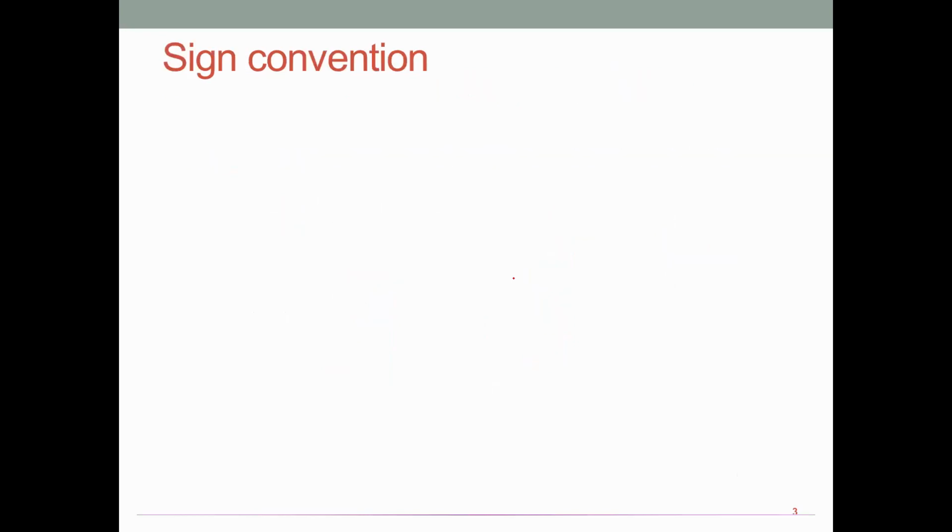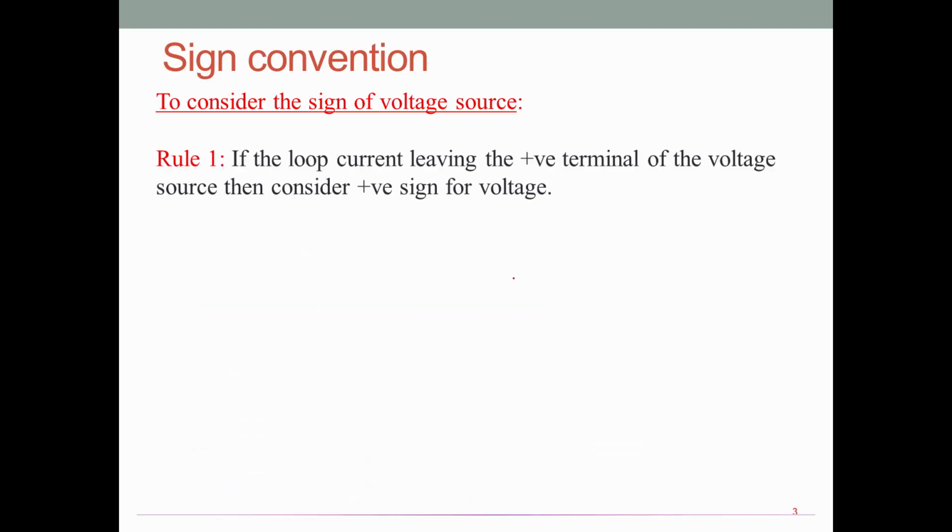Before moving to the rest of the solution of the problem, it is mandatory to understand sign convention. For the sign convention of a voltage source, we have two different rules. Rule number 1: if the loop current is leaving the positive terminal of the voltage source, then consider a positive sign for the voltage source.